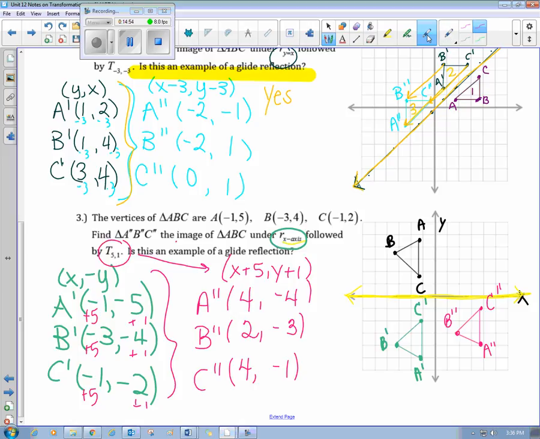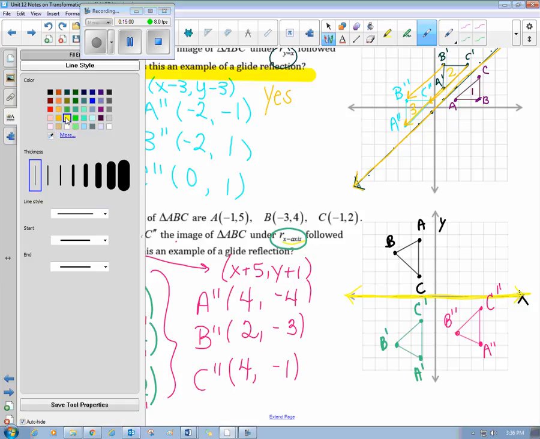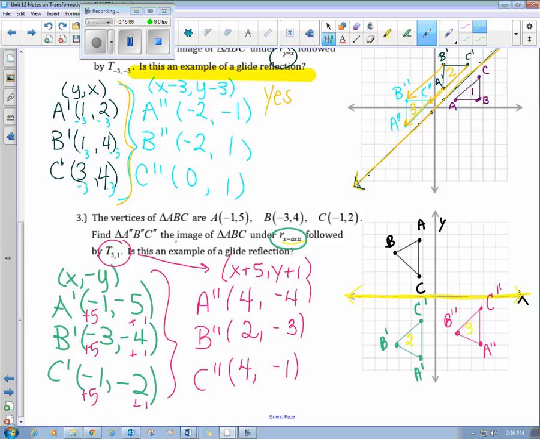When I get to this point, I need to draw the translation lines. I like to draw those in yellow so we can see them. So my translation occurred between the second and the third one. This is what we had, and we turned it into this through a translation.